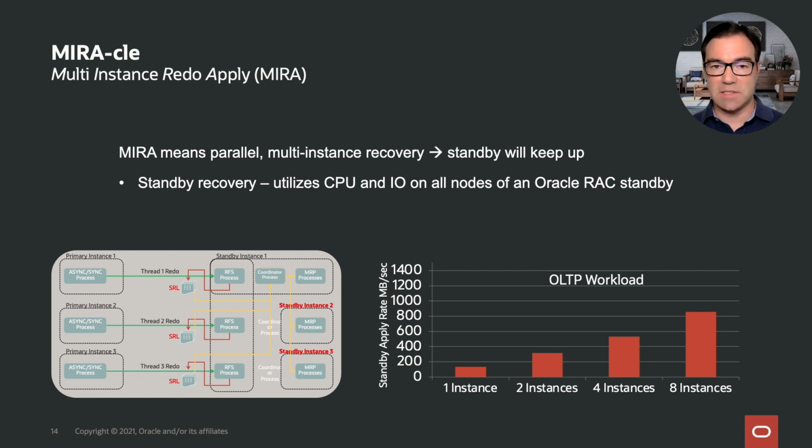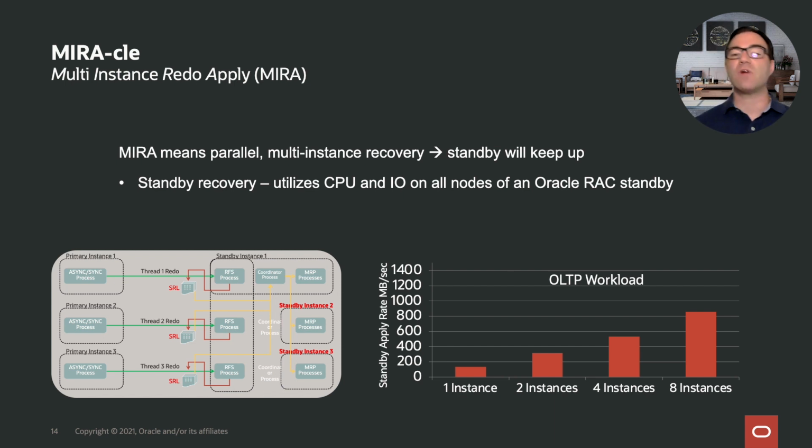applied by one instance. With MIRA, if you have a RAC, real application clusters primary, shipping redo information to a RAC standby environment, the redo is applied across all instances of the RAC standby, so applied on 3 or even more instances at the same time.